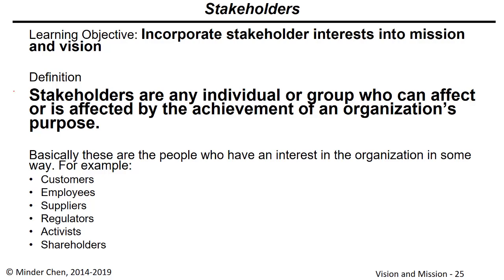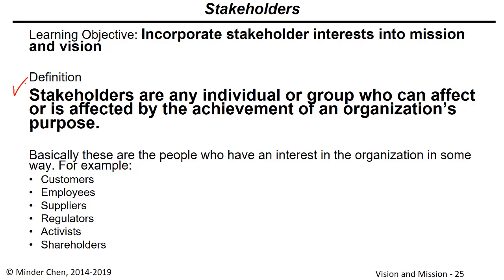So what is a stakeholder? Stakeholders are any individuals or groups who can affect or are affected by the achievement of the organization's purpose. Or sometimes they are affected by the decisions or actions of an organization.